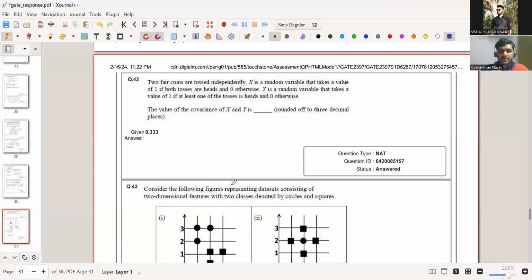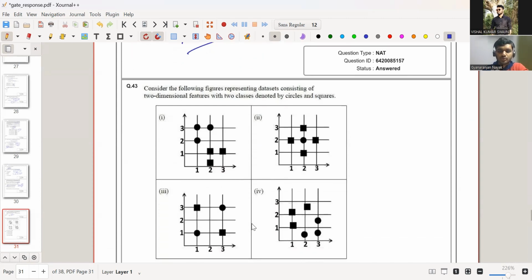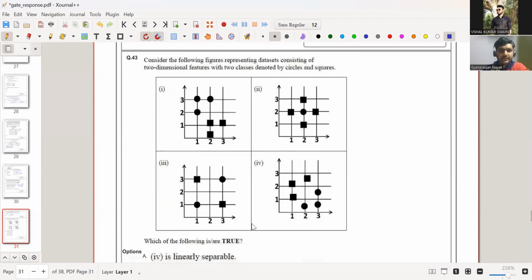The value of the covariance of X and Y is, here you find the covariance according to the covariance formula, and the answer is 0. So we proceed for 43.